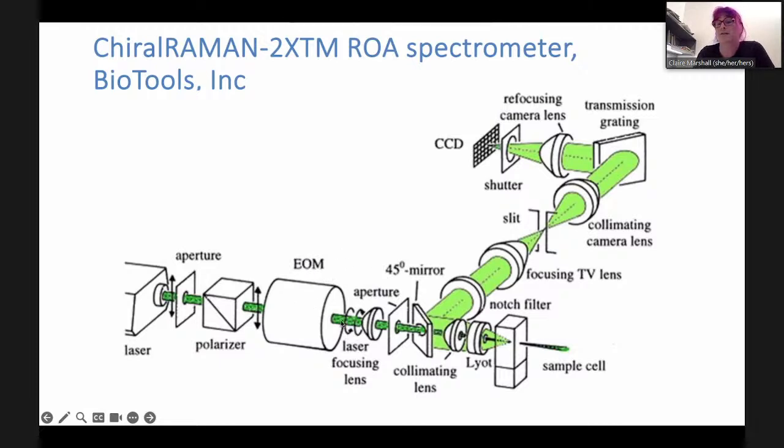You obviously get a lot of signal drop, and the geometry here is not that conducive to maximizing the backscattered Raman light. Then you go pretty much through normal optics as you would for conventional Raman spectroscopy. So it's worthwhile pointing out the front end of the optical train that induces this left and right-handed scattered light.